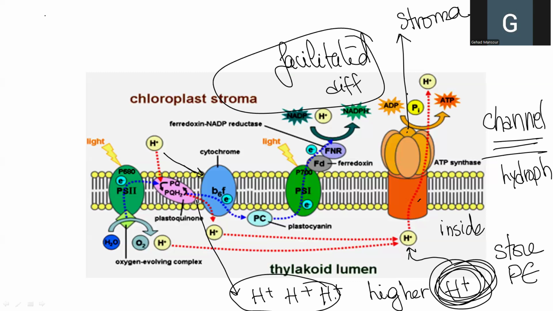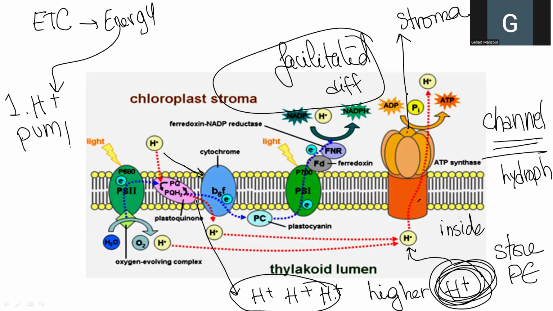So when we said previously that the electron transport chain gives you energy, and that this energy is used to pump protons and to generate ATP, actually, we shouldn't write this as two branches, but we should say that proton pumping occurs first, and that this proton pumping will store potential energy, will do two things, actually.